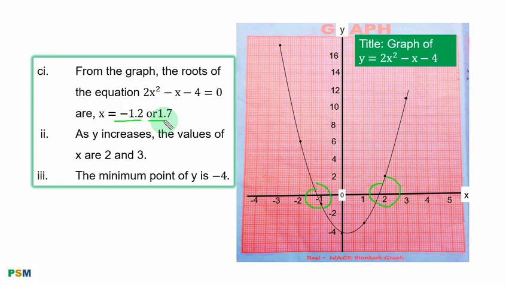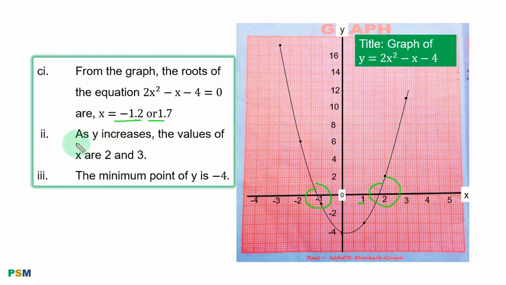Remember that on the s-axis, one line is 0.1 units. So after 1, the next line minus 1.1. The second line where you have the intersection is minus 1.2. Then if you count from 1 to the right, you have 1.7.